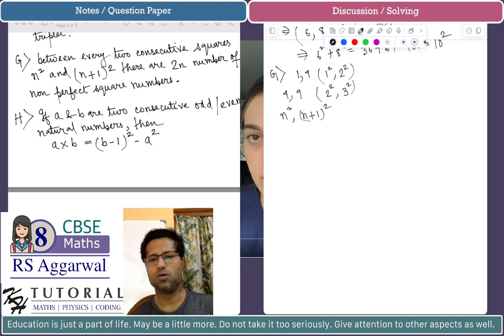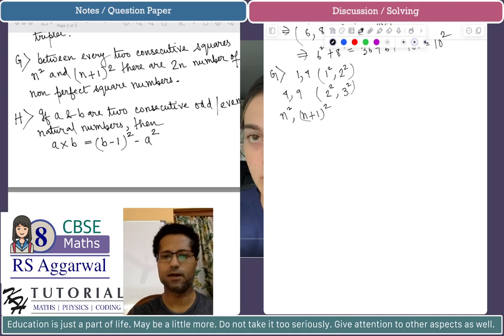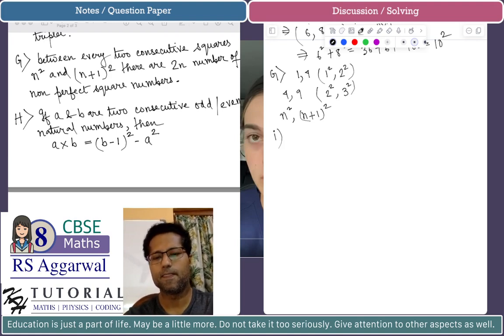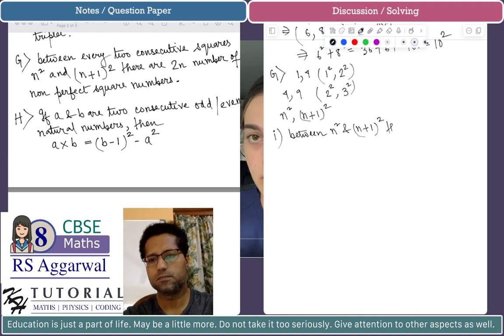Between these two consecutive squares, it is saying there are 2n number of non-perfect square numbers. First, you must understand that between n square and n plus 1 square, there are no perfect squares.